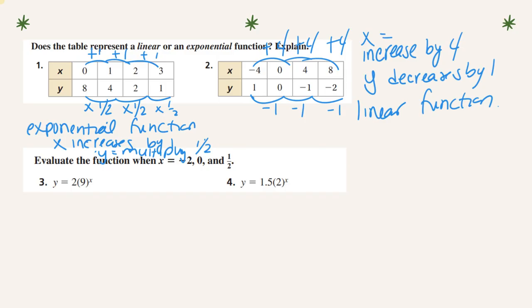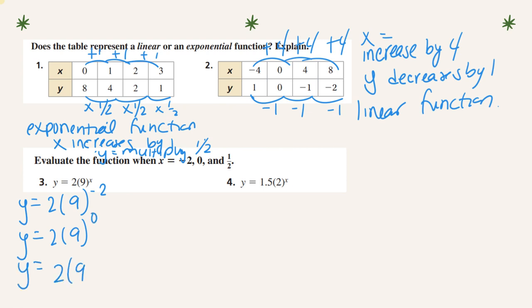In 3 and 4, we're going to evaluate where x is negative 2, 0, and half. So my answers are going to be y equals 2 times 9 to the power of negative 2, y equals 2 times 9 to the power of 0, and y equals 2 times 9 to the power of half, correct? So let's work this out.